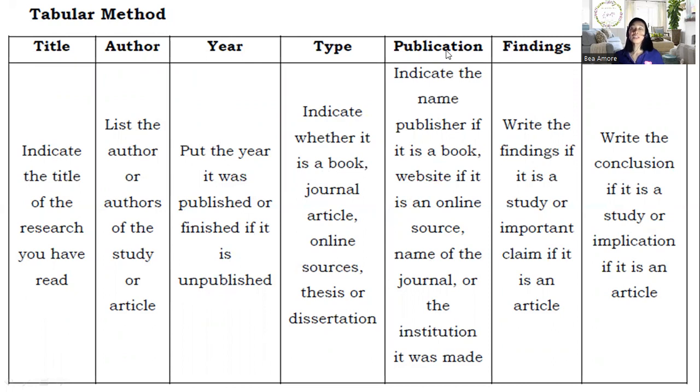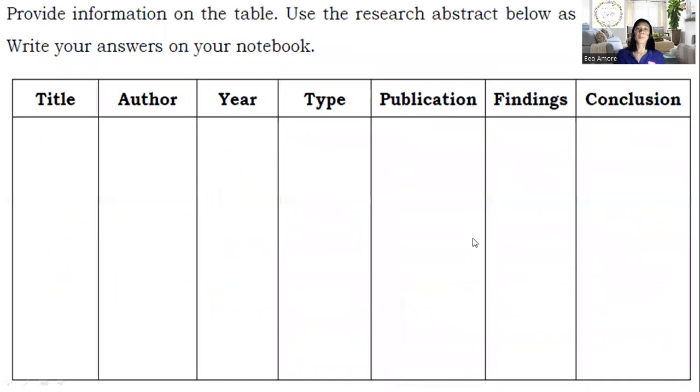For publication, indicate the publisher if it's a book, the website if it is an online source, the name of the journal or the institution it was made. For findings, write the findings if it is a study or the important claim if it is an article. Write the conclusion if it is a study or the implication if it is an article.